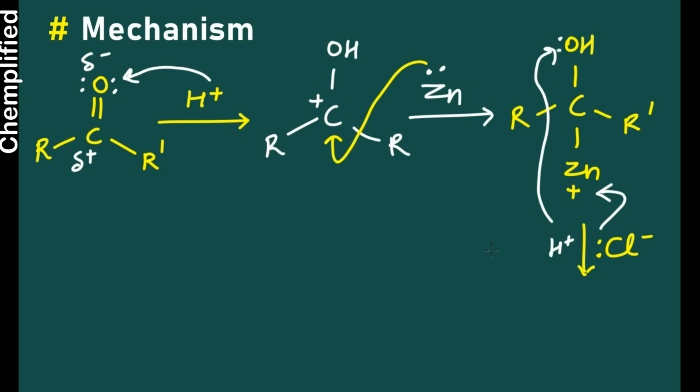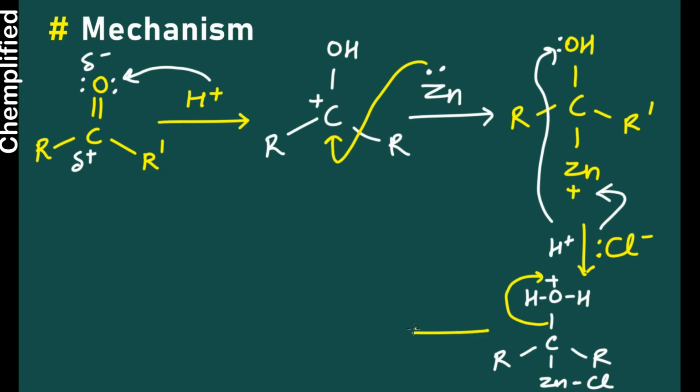So in this particular step, two things will happen, and you will get C R dash Zn Cl H O H positive. The oxygen will now have a positive charge, and to neutralize this positive charge, this particular bond will break and the electrons will move to oxygen, right?